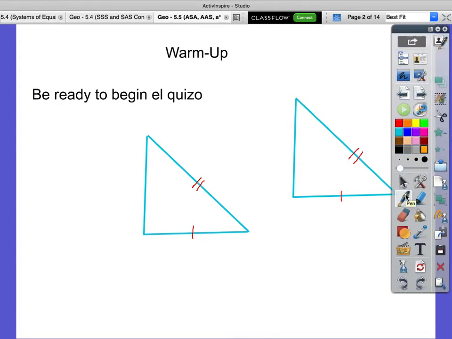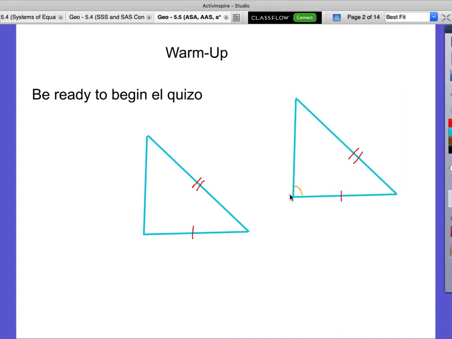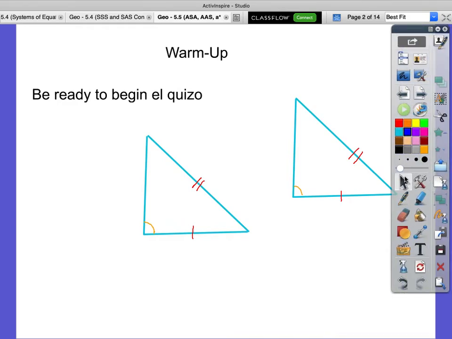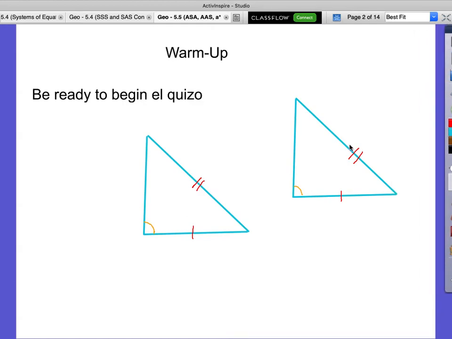Now, is having these two sides and this angle enough? No, because look at what I can do. Right now, everything about these triangles is the same. Let's say I added this, and I don't change the length. Am I able to change this angle? It's not marked.